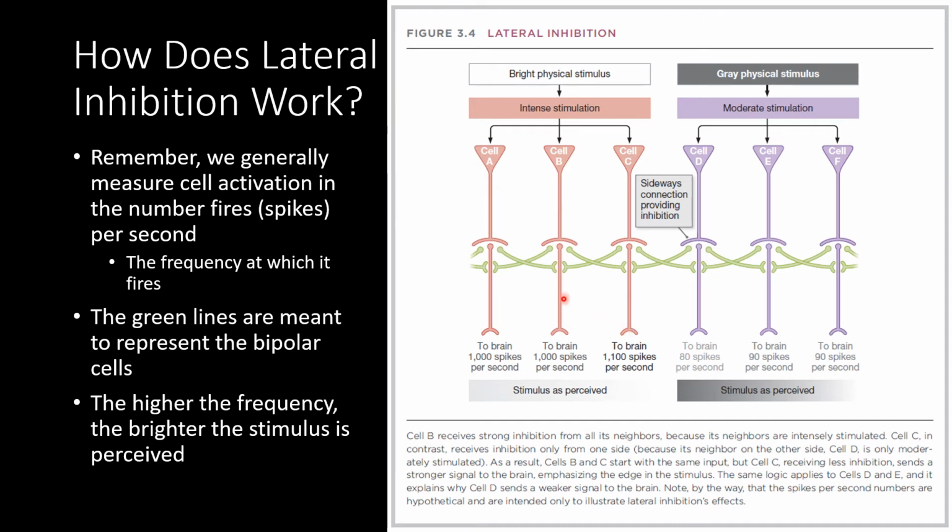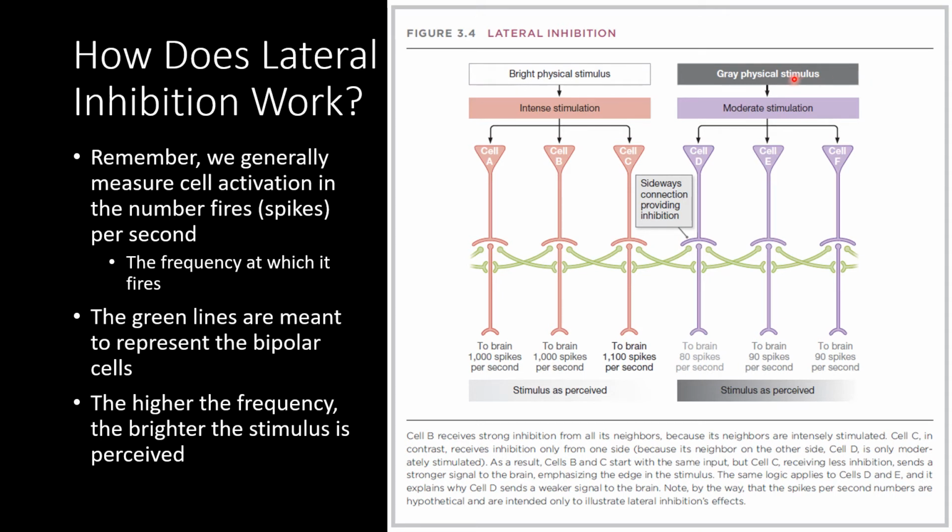Now, here you have the photoreceptors themselves. These little green lines are representing bipolar cells, and then these extensions are the ganglion cells moving on down to the brain. Here we see that two stimuli are being presented to the eye itself.